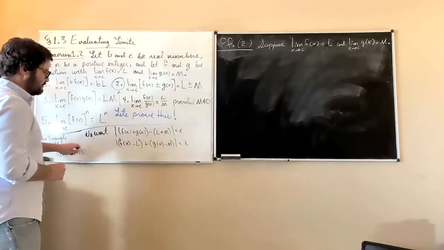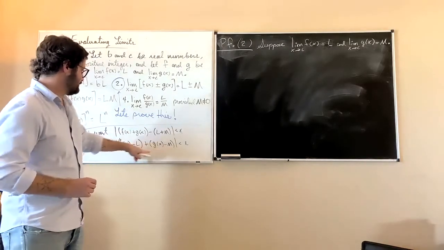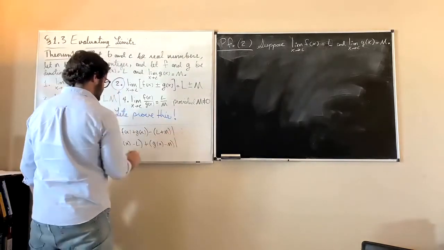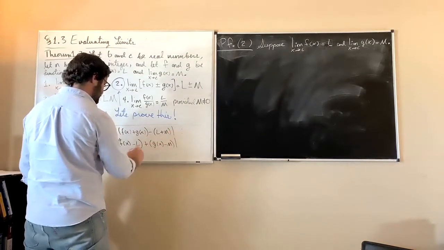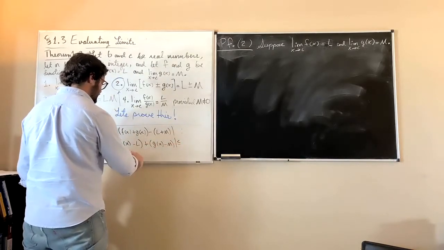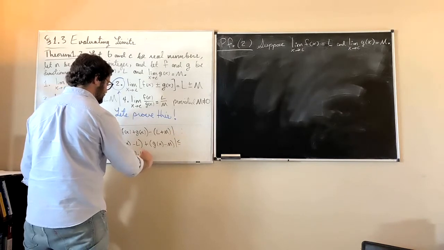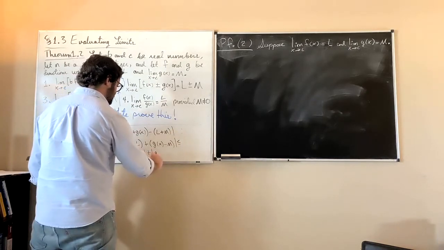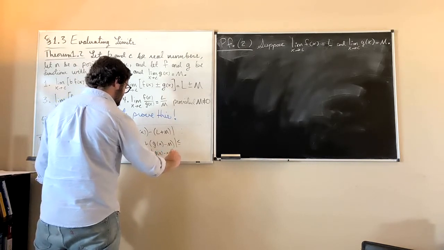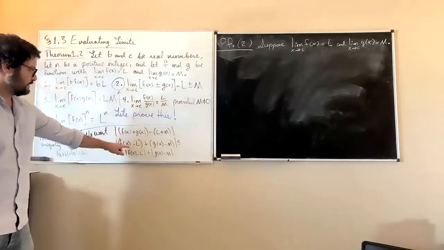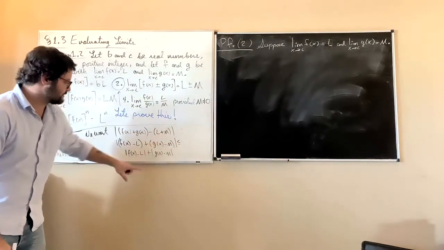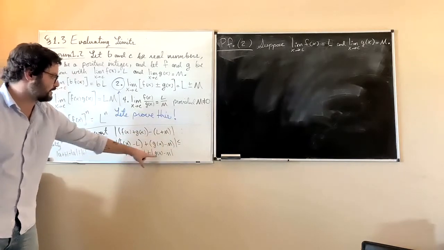So looking back here, we have a sum of two things. So I can say that this here is at most this by the triangle inequality. The absolute value of the sum is at most the sum of the absolute values.